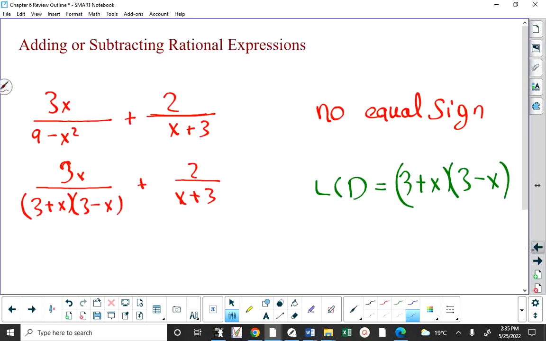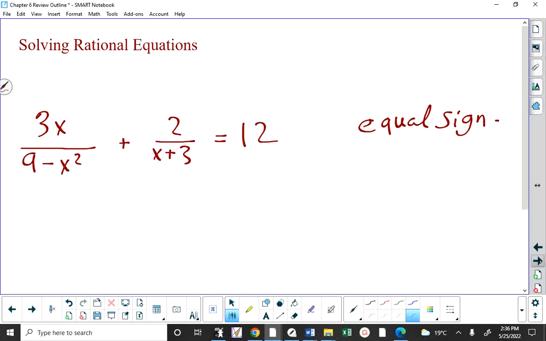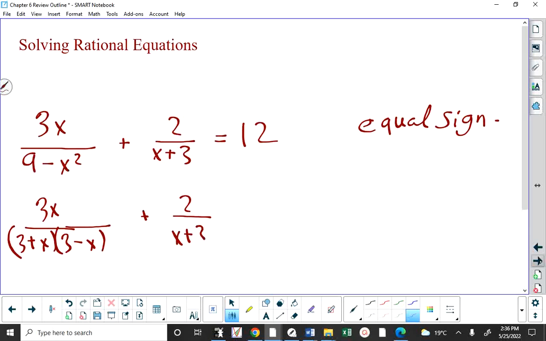These two things, this thing on the top line that I've written, and this, both involve adding rational expressions, but there's an equal sign here. So you would still factor everything. And you would still say the lowest common denominator is 3 plus x, 3 minus x.